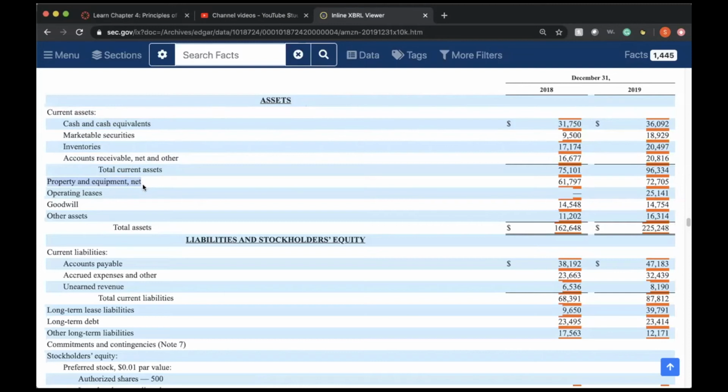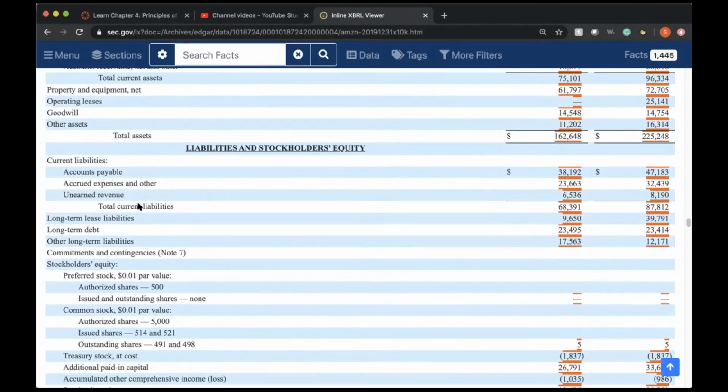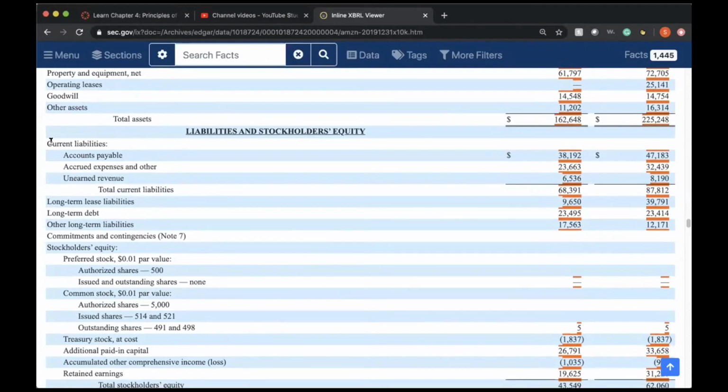They don't have everything listed individually, they group it together into this one category. Then they have some other items that you're not familiar with, but just letting you know, goodwill is an intangible asset. Now looking at the liabilities and equity section, they have the current liabilities, as we just went over, and then they have the long-term items after that.